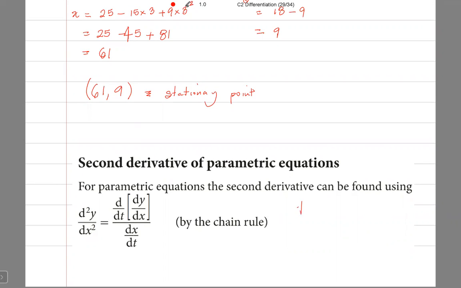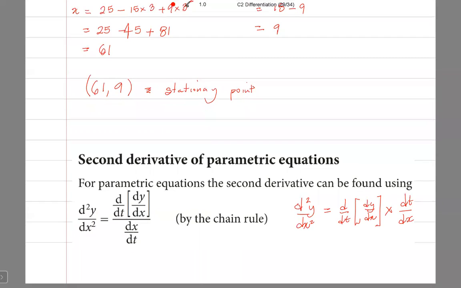In other words, d2y by dx squared would be equal to differentiating dy by dx with respect to t, and then multiplying that by dt by dx.